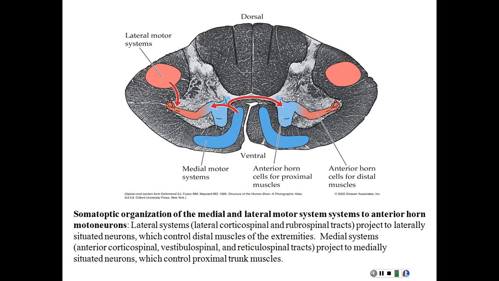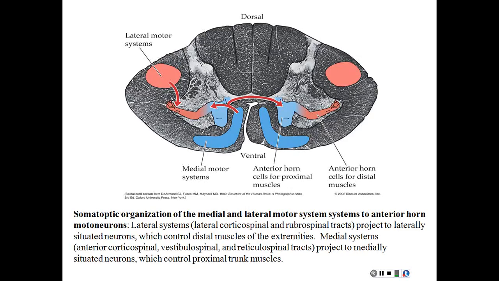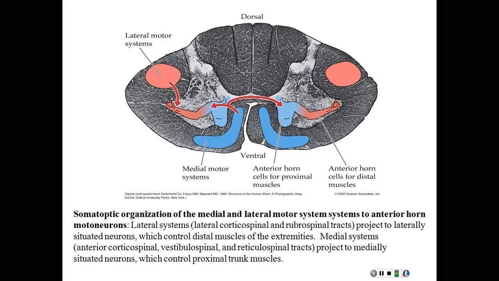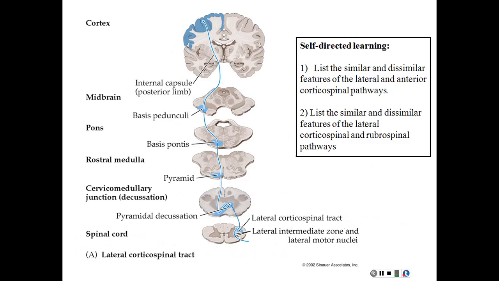So we end up having these two systems, these lateral motor systems and medial motor systems. The lateral affects the distal limbs, and these medial ones affect the axial muscles, the ones closer to the midline. So who are these pathways? Well, lateral corticospinal is definitely affecting those lateral motor neurons.